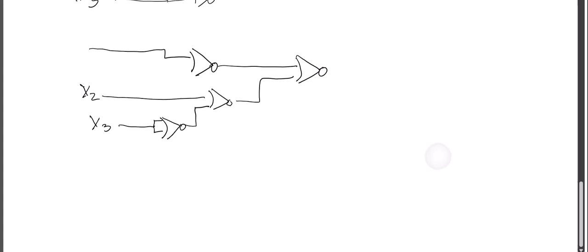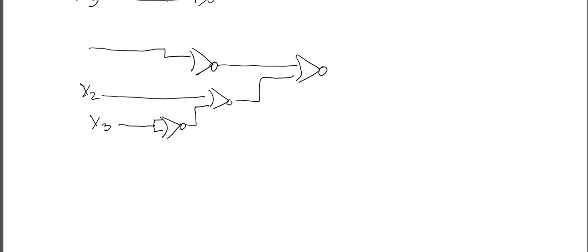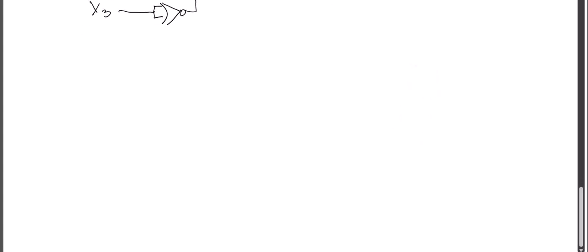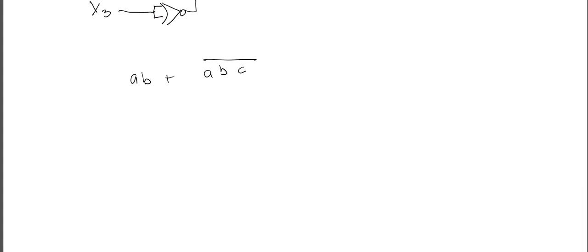As another example, I do have time. I'm going to do one example and then do a timing diagram. Let's do NAND gates. Actually, I don't have time to do this one, so I won't do this one. I'll do a timing diagram instead.